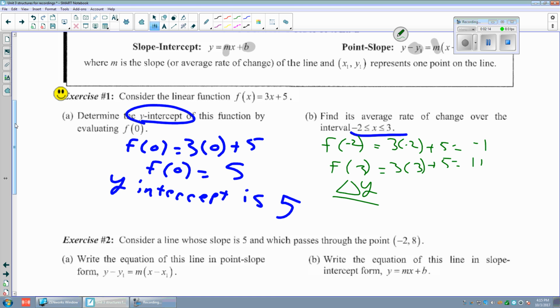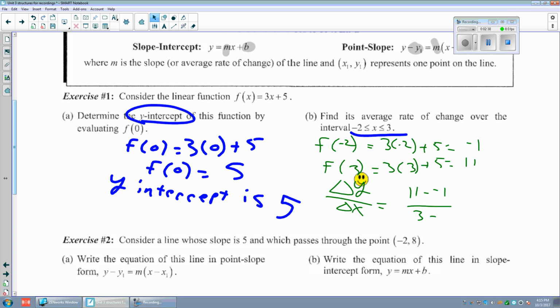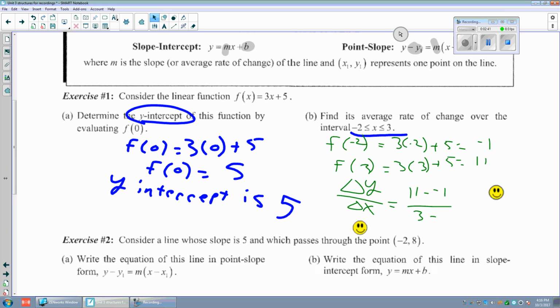Delta y over delta x. The change in y's, I'm going to do 11 minus negative 1, over the change in x, which is 3 minus negative 2.